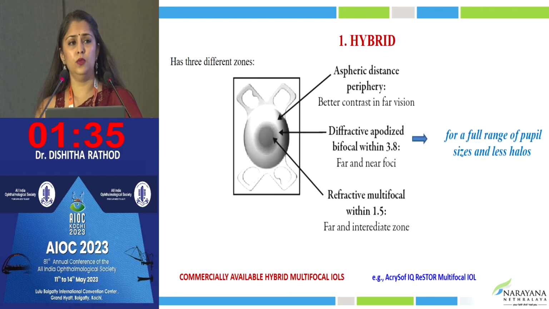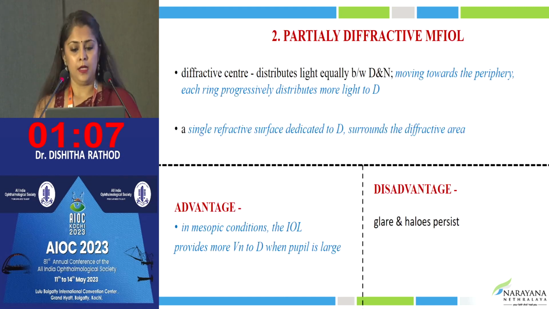Now, we have also moved into hybrid IOLs, which combine both of these optical principles. For example, the AcrySof ReSTOR multifocal IOL has an aspheric distance periphery, which gives us better contrast in distant vision. It has a diffractive apodized bifocal area in the 3.8 mm zone, which helps in far and near foci, and the refractive multifocal within the 1.5 mm zone, which helps in far and intermediate vision.